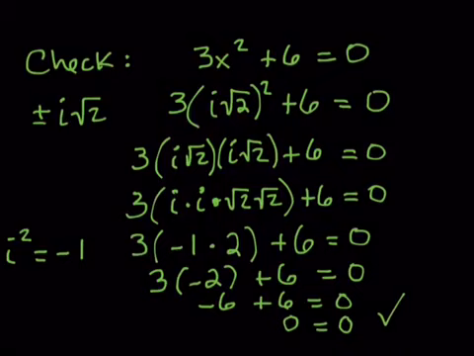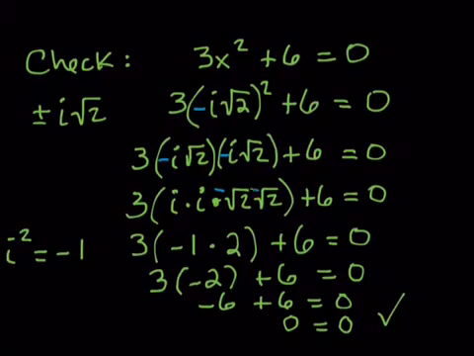All right, the check for the negative root is very similar, so this would be negative i square root 2, and then these would each be negative. And then I'm going to again use the commutative and associative property, so I'm going to choose to put those negatives on the square roots of 2.